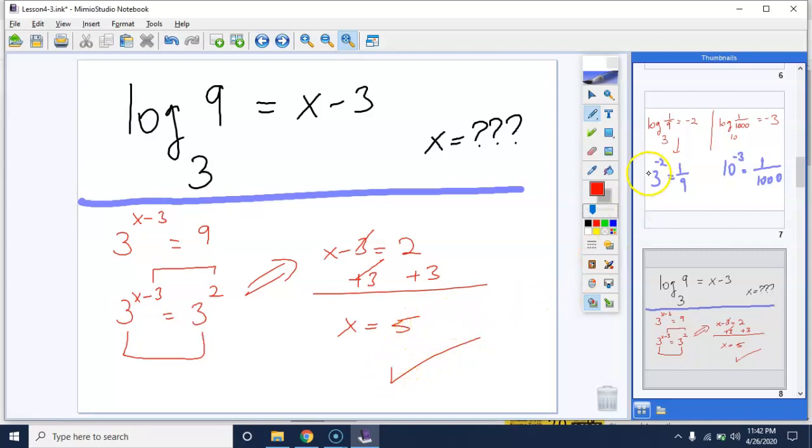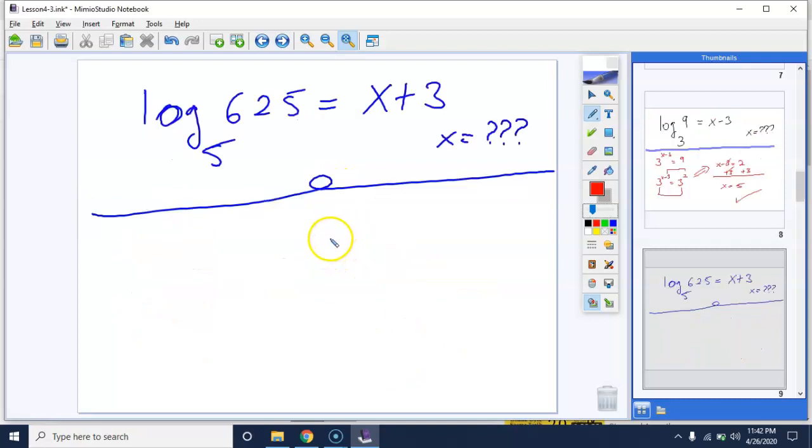That's why I showed those previous examples. We're going to solve these kinds of questions, but in order to solve them, first we should be able to convert easily. Let's say on this example, to find x, same thing. First convert to exponential, and then let's solve it. 625 should be 5 to the 4th power, I believe.